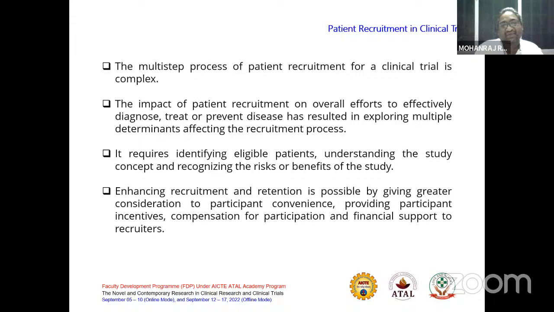This recruitment process is going to define the risk or benefit of the particular study. Conceptually, enhancing recruitment and retention is going to be a hallmark of a more successful clinical trial.